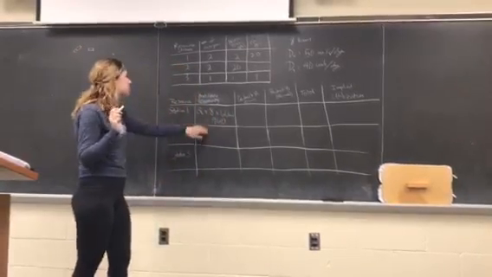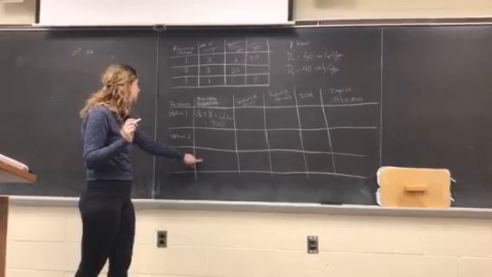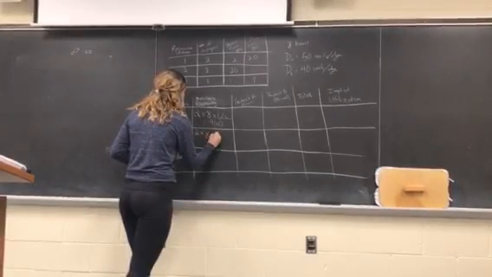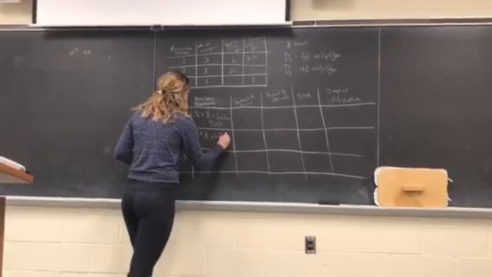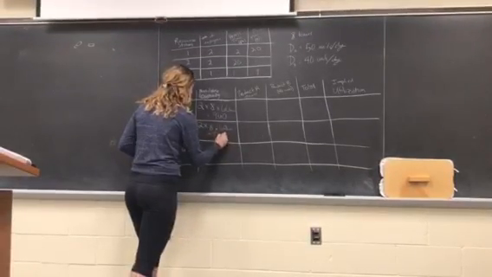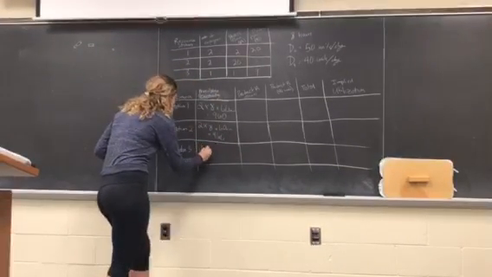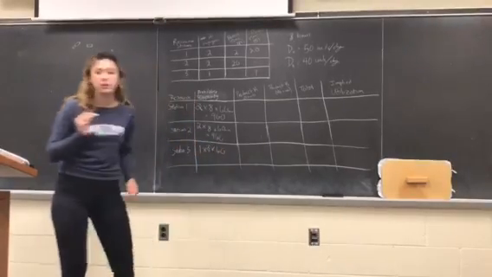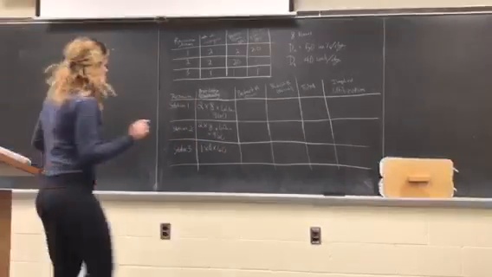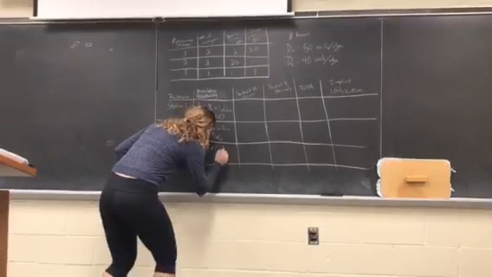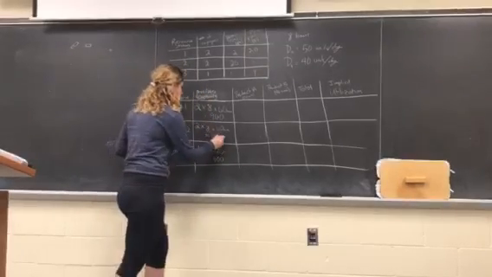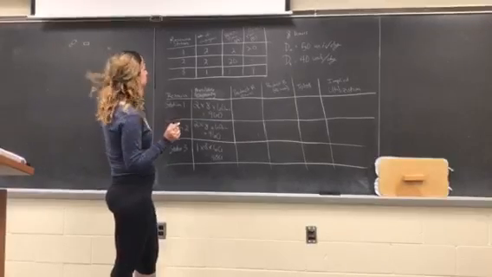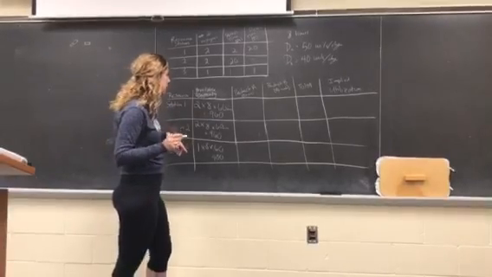Okay, so then you do the same thing for station 2 and station 3. You do 2 times 8 times 60, which was the same thing. And then for this one, you do 1 times 8 times 60, which is 480.